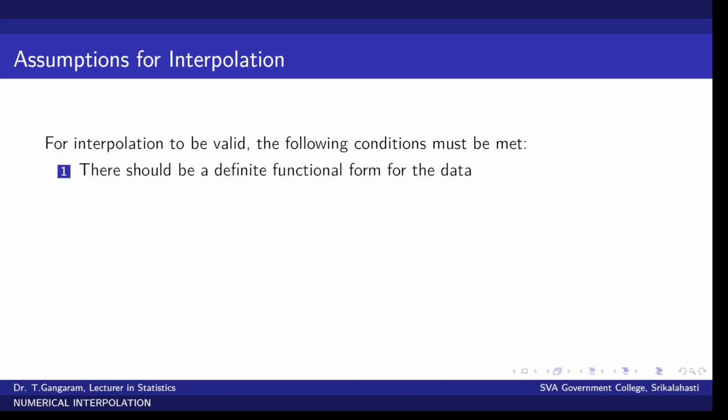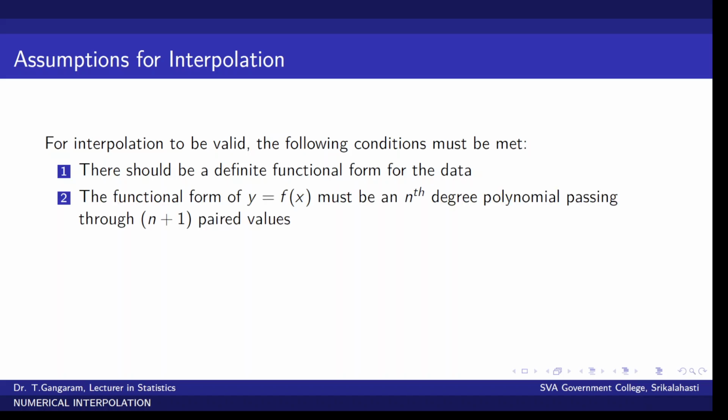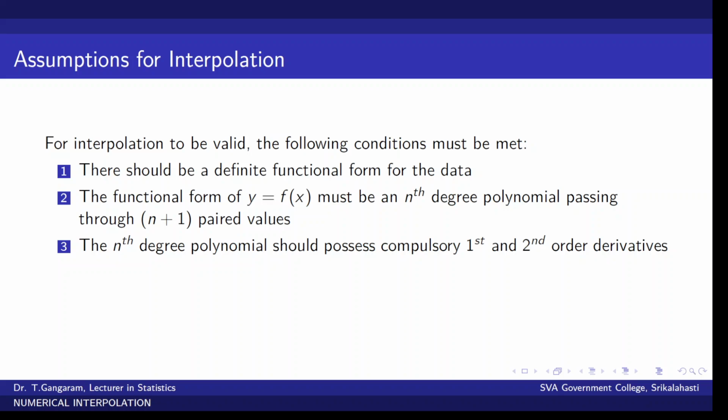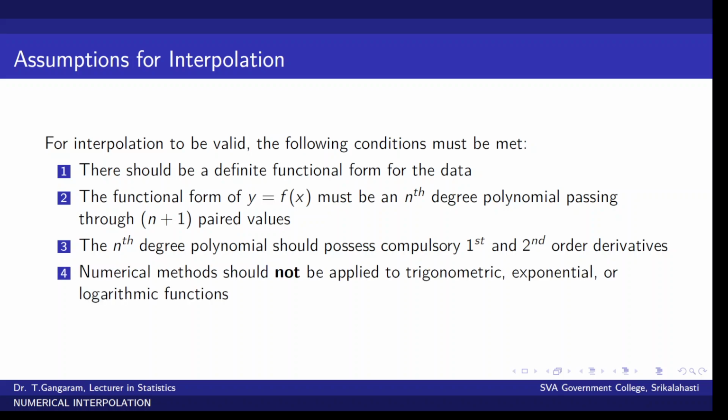The assumptions of interpolation are: for the validity of interpolation, the following conditions must be satisfied. There should be a definite functional form for the data, and the functional form y is equal to f of x must be an nth degree polynomial passing through n plus 1 pairs of values, and the nth degree polynomial should necessarily possess first and second order derivatives.